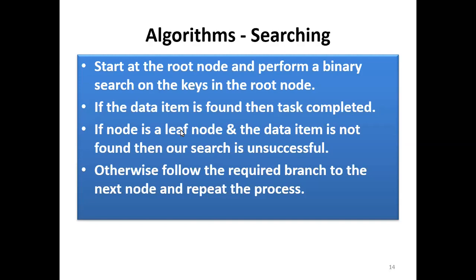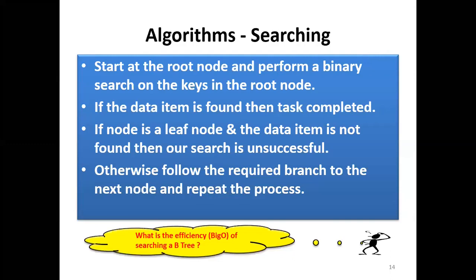If we follow our search in one particular direction, reach a leaf node, and can't find the data item, then we term our search unsuccessful. Otherwise, we keep going down the branches until we get to the point where we find the item that we are searching for.